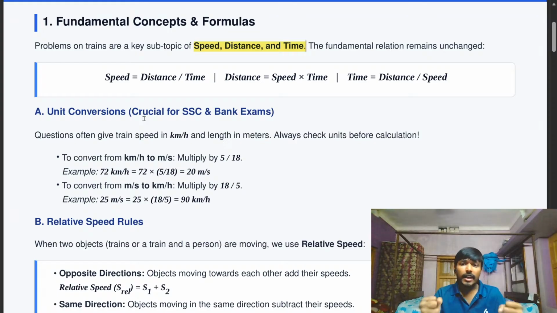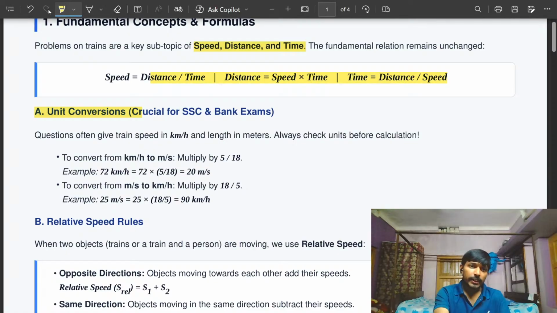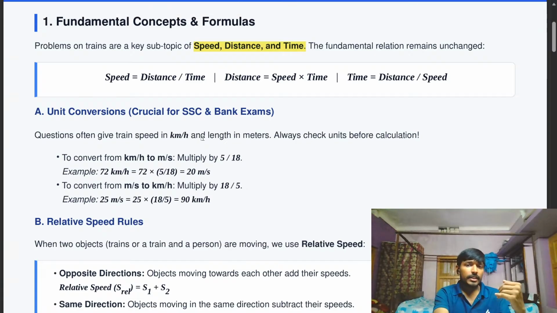And time is how long it takes to cover a distance at a given speed. So distance, time, and speed are very related to one another.